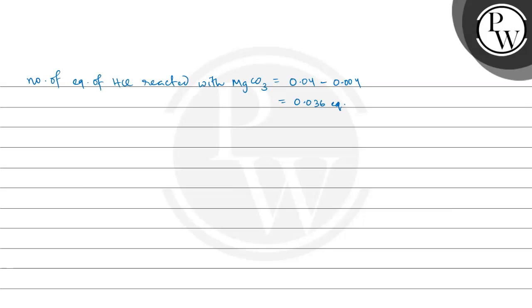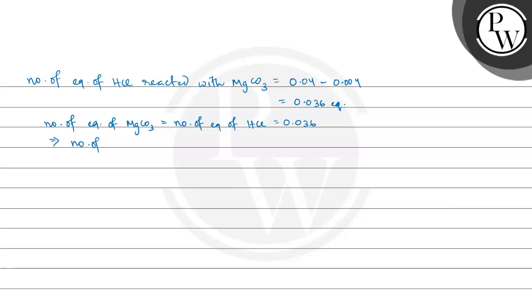So 0.036 equivalents of HCl reacted with the MgCO3. Now we can calculate the amount of MgCO3 by the equivalence relation. So the equivalence relation is number of equivalents of MgCO3 is equal to number of equivalents of HCl, which we just calculated. This is equal to 0.036.